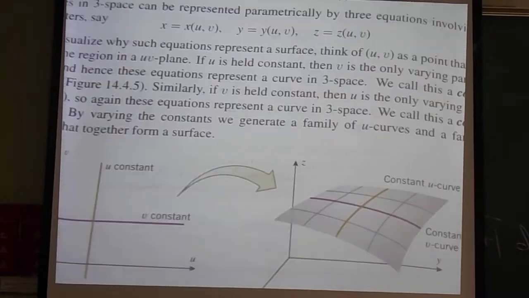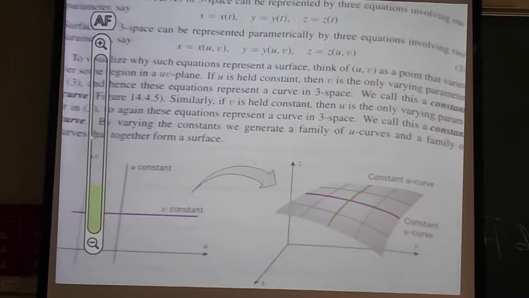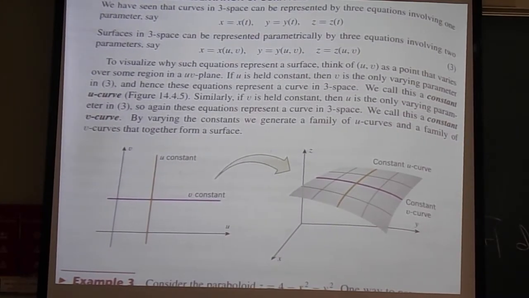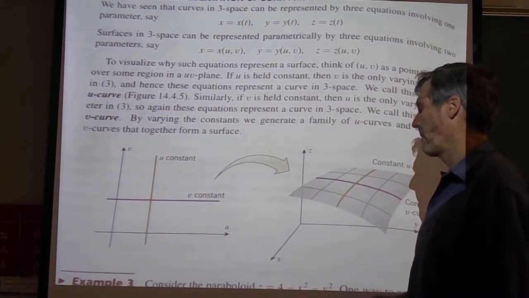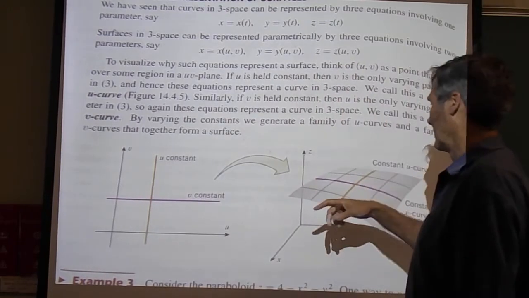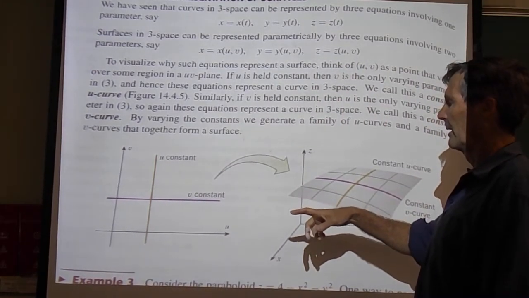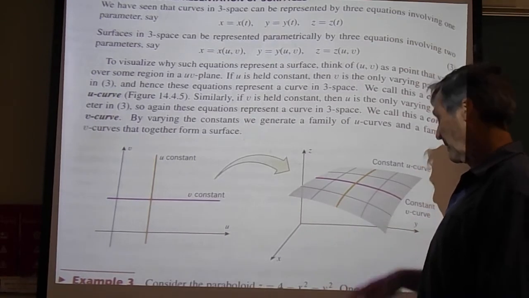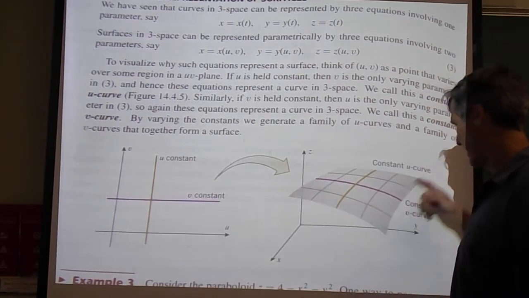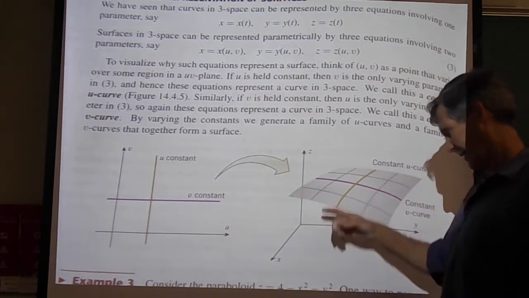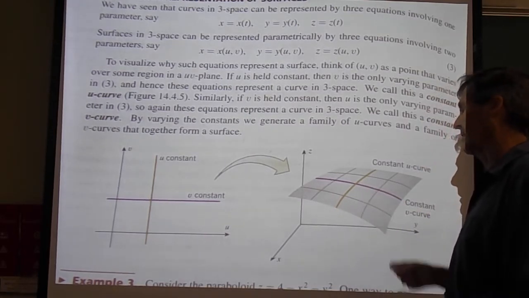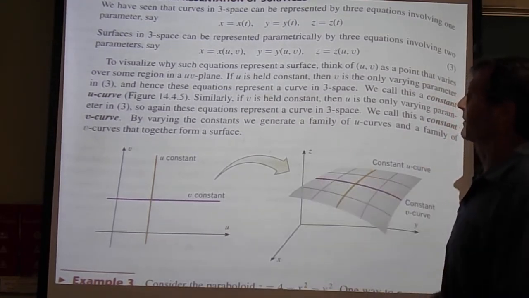So let's see if I can get this up here. Suppose, again, you have a surface, but this time you're thinking of a region in UV space, and you're taking x and y as functions of u and v, and so corresponding to a plane region in UV space, you get a plane region in x, y space, and take z as a function of x and y that in turn are functions of u and v.